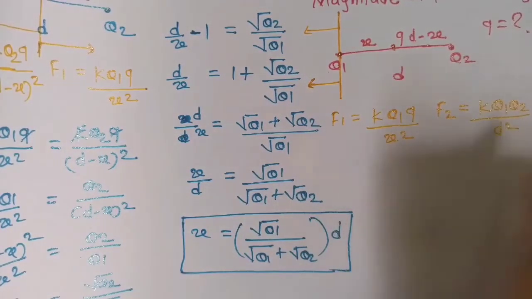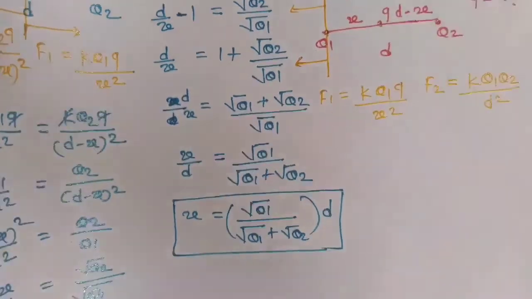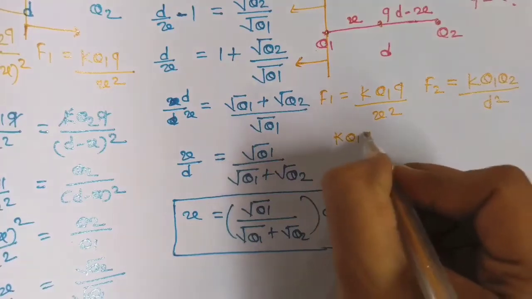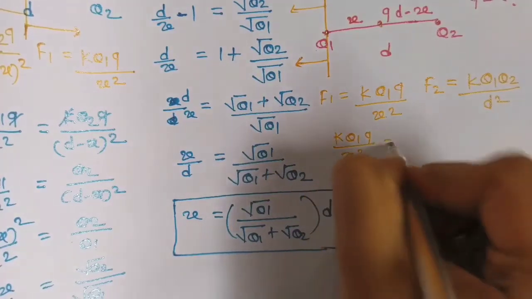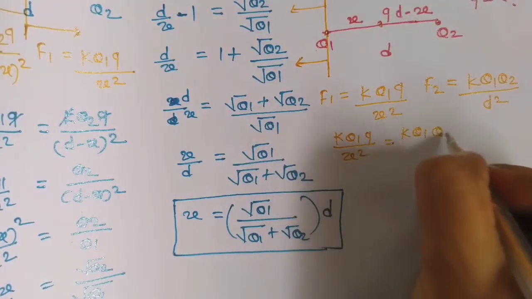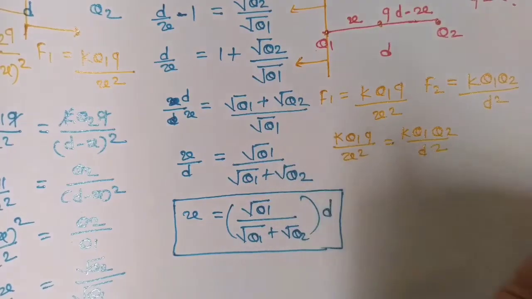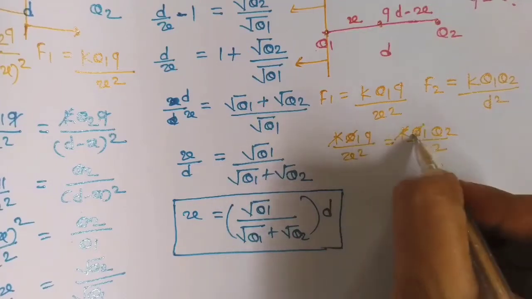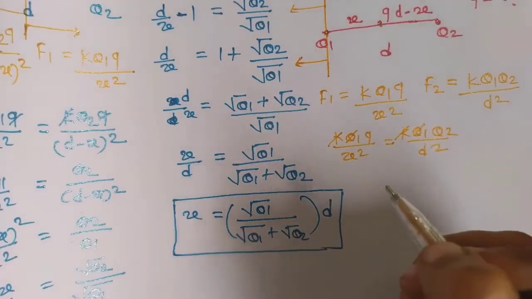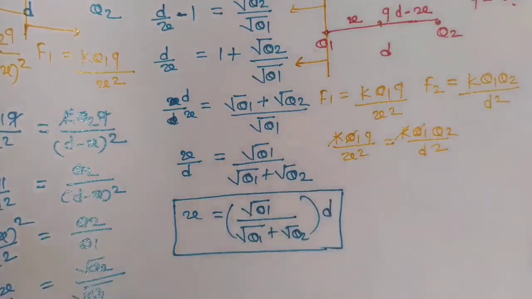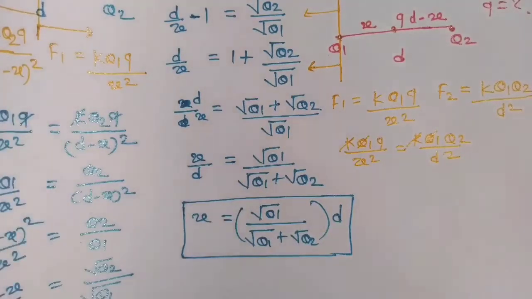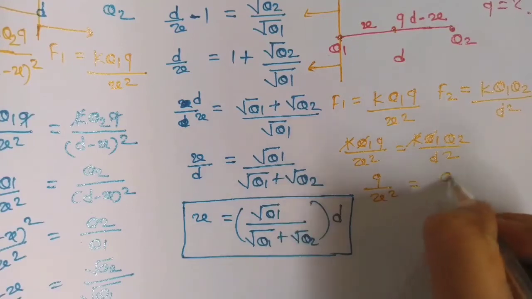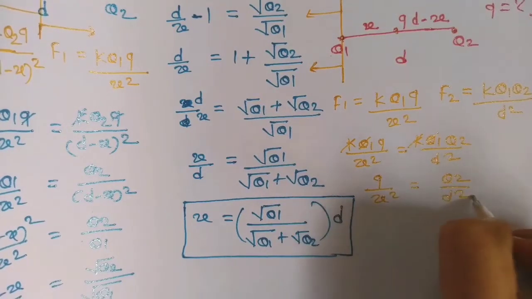First we equate them: K Q1 Q upon x square is equal to K Q1 Q2 upon d square. Here K is common, Q1 is common, so we can write Q upon x square is equal to Q2 upon d square.